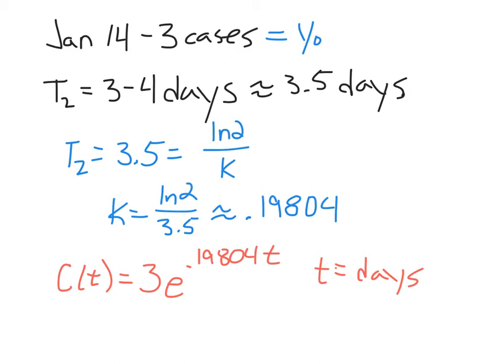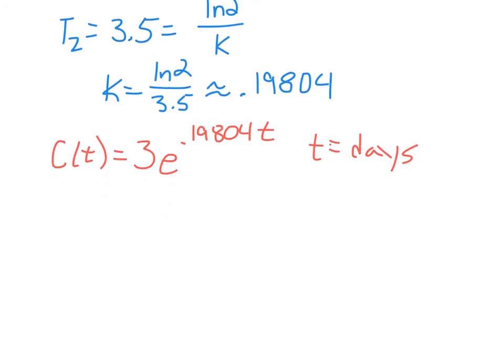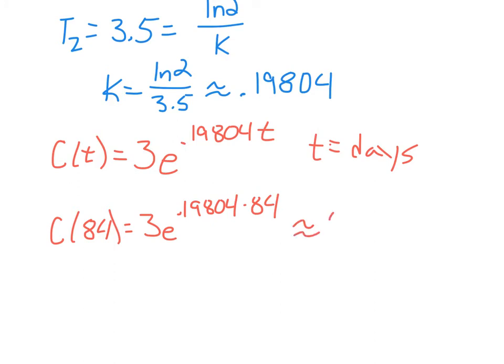Now this is where it's going to get a little bit off, and we're going to talk about that here a little bit. But as of this morning, so again, April 7th, I believe that's 84 days later. So then we would say, well, how many cases are there 84 days later? Right, so we're just plugging that in. And what we get is 50 million.